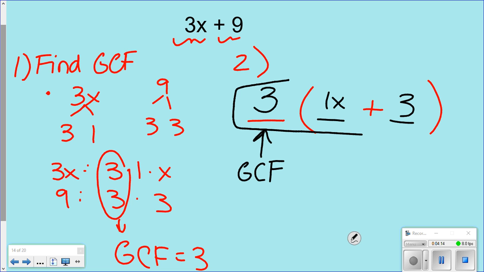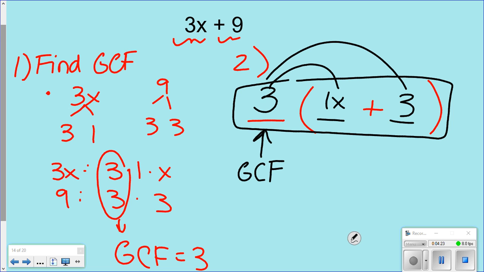This would be your answer. You should be able to multiply it back out, and then it should give you that. So you find the greatest common factor and then divide.